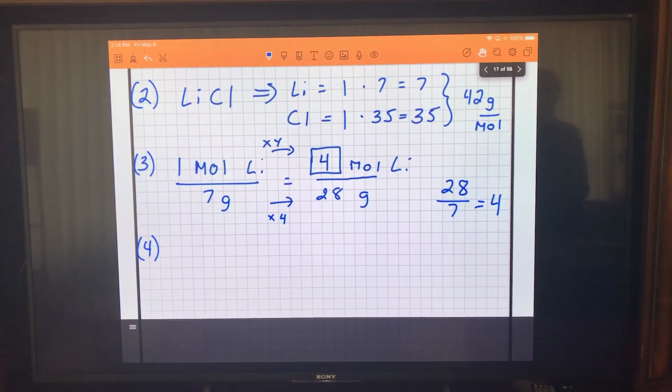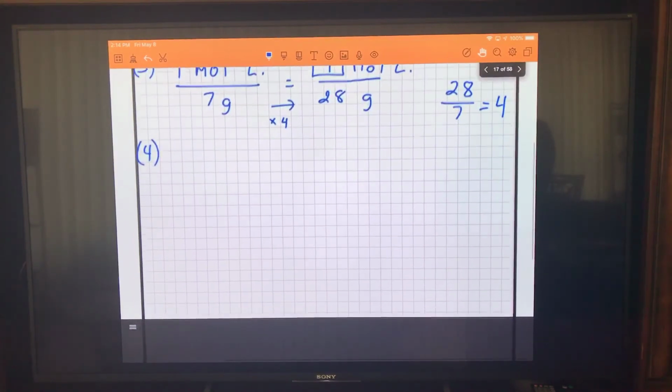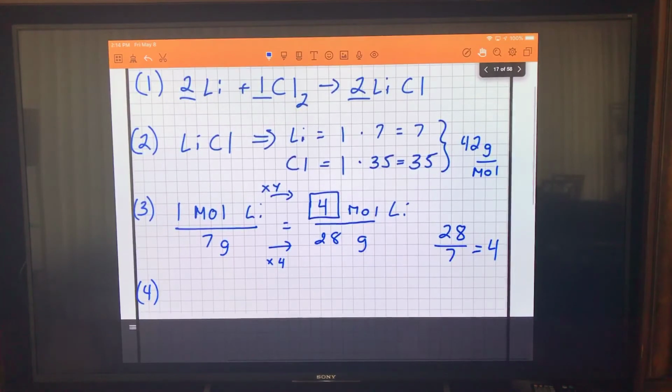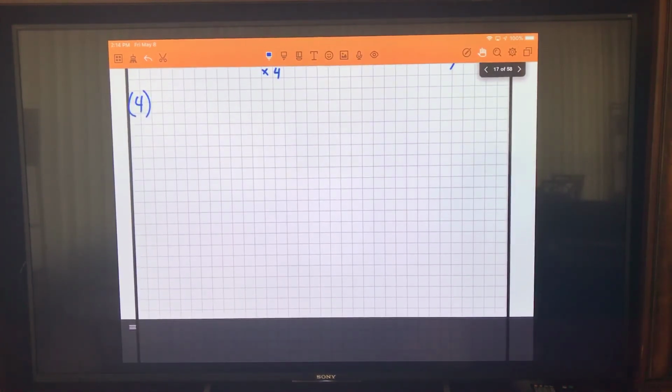If you start with 28 grams of lithium, 70 grams of chlorine, which element limits the reaction? I'm going to solve 4 and 5 at the same time. I've already written the balanced reaction, so I'm just going to write that down here. 2 lithium plus 1 chlorine, keeping in mind the chlorine's diatomic, is 2 LiCl.